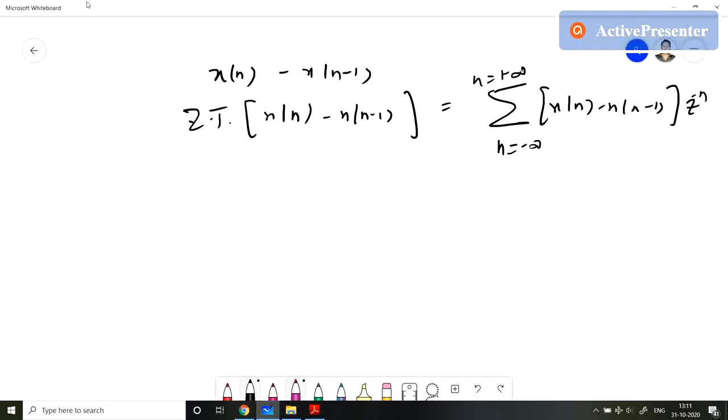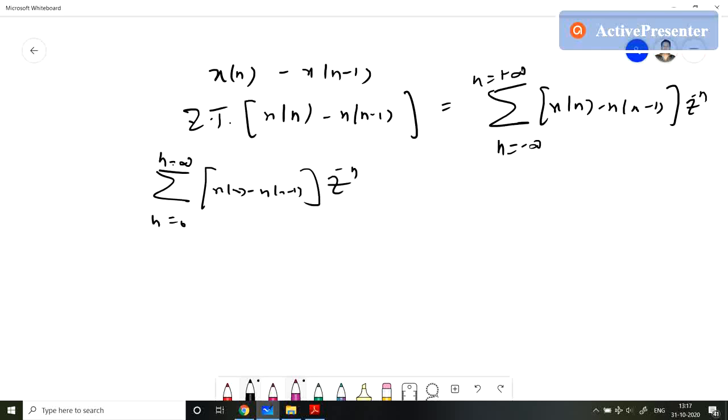Since we have considered a causal sequence, it is equal to summation n equal to 0 to infinity x(n minus 1) z raised to the power minus n.